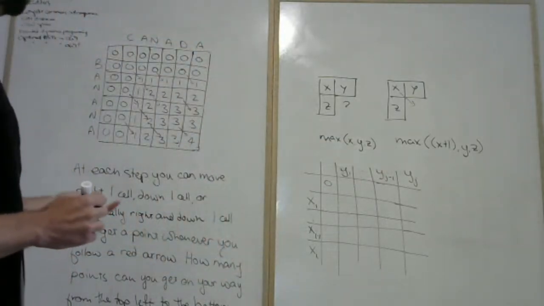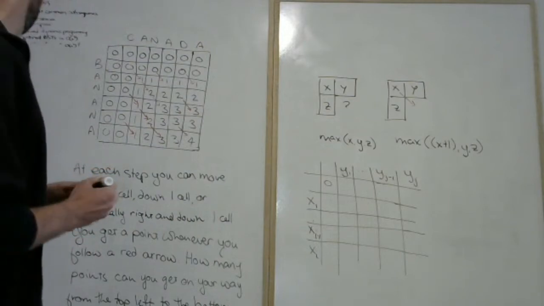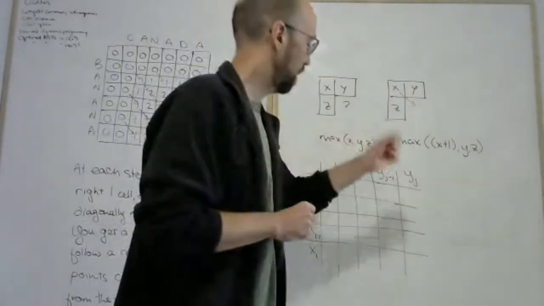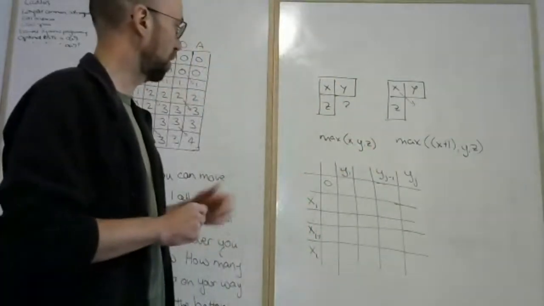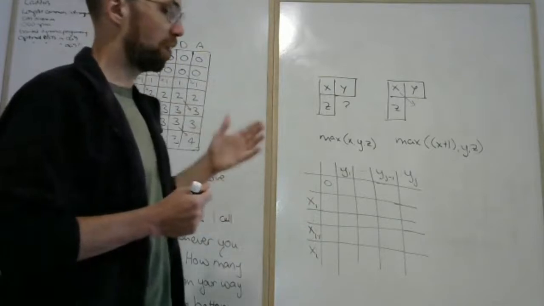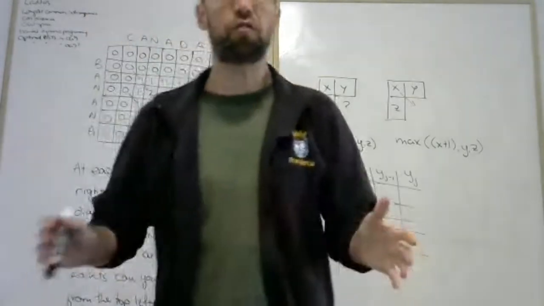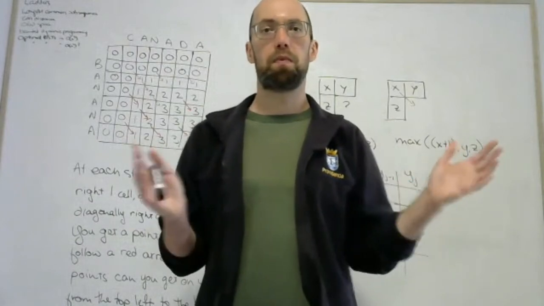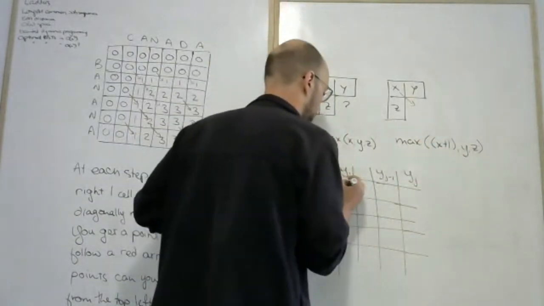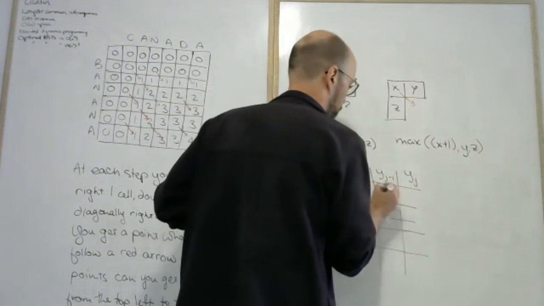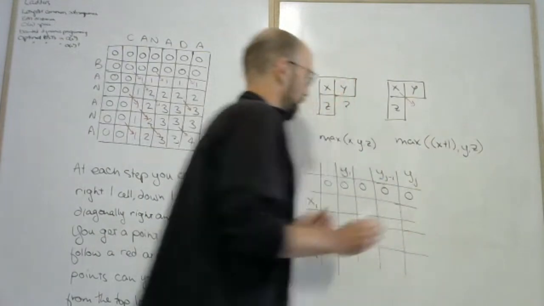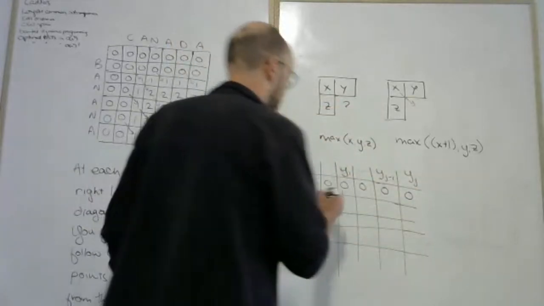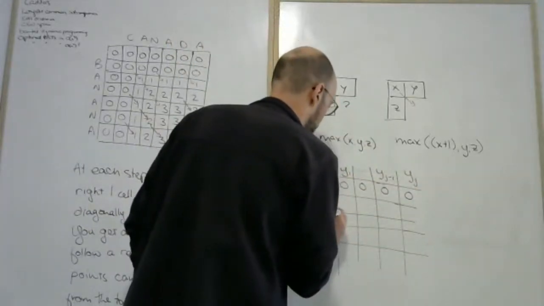M and n both happen to be 6. But you can think of this as banana if you want. So what is the longest common subsequence of the empty string and C? Nothing. And the longest common subsequence of the empty string and anything is nothing. There's nothing in the empty sequence. The same thing here.